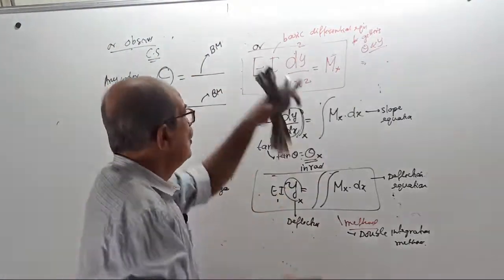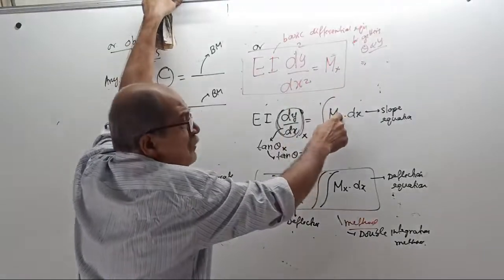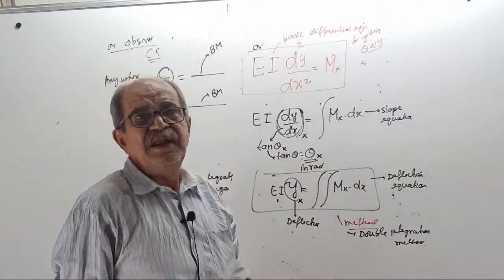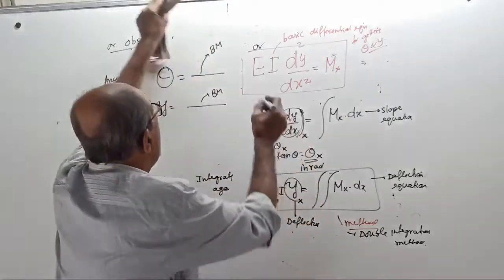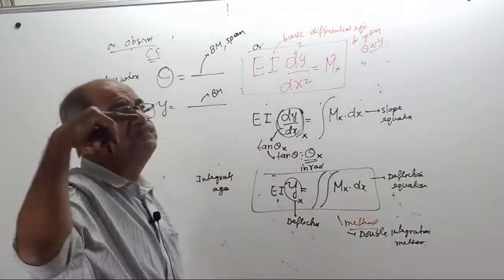EI dy/dx is theta, equal to the integration of the bending moment, which has to do with the bending moment and span. Why? When you integrate, span will come.